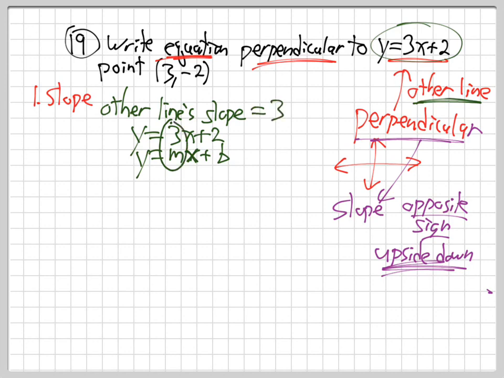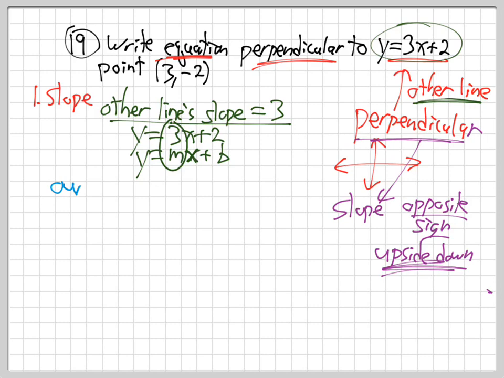So the other line's slope is 3. Another thing they assume you remember: y equals mx plus b. So when you have y alone, the number in front of x is the slope. Automatically. Only when you have y alone, though. Not when you have other stuff going on. But if you have y alone, the number next to x is the slope. They call that y equals mx plus b. So 3 is that line's slope.